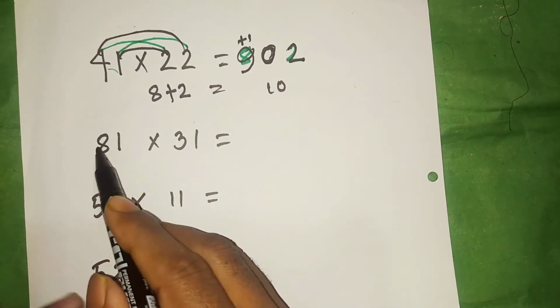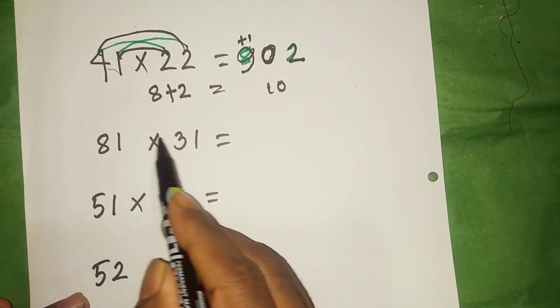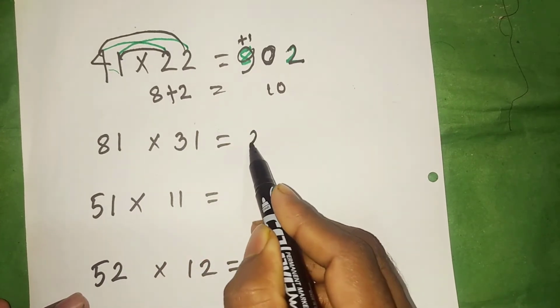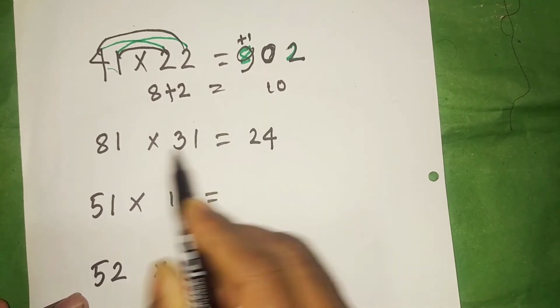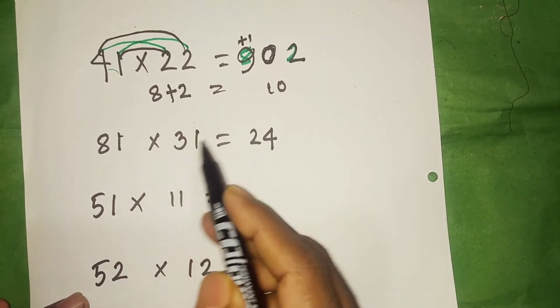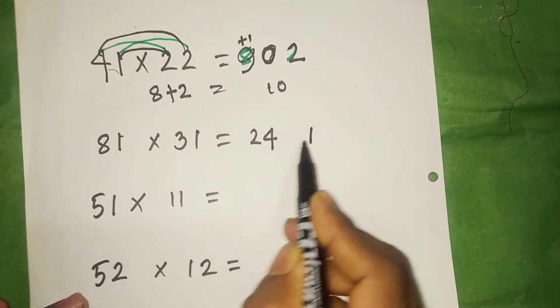Next example, first two digits multiply, 8 3 multiply 24, and last two digits multiply, 1 1 multiply 1.